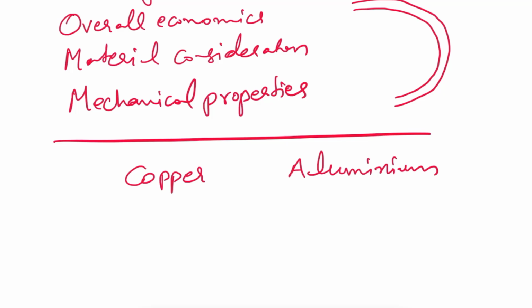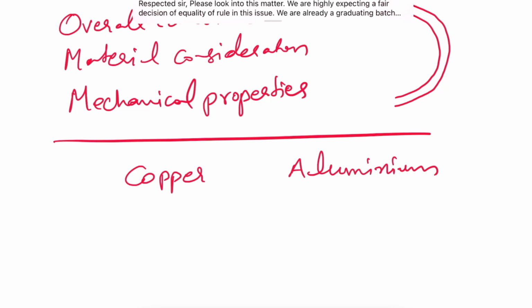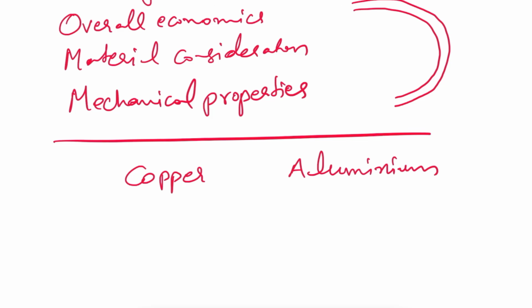Which is better? It actually has to be looked into very carefully, comparison of these two metals, because advantages of one may outweigh the disadvantages of the other. So we have to see very carefully.